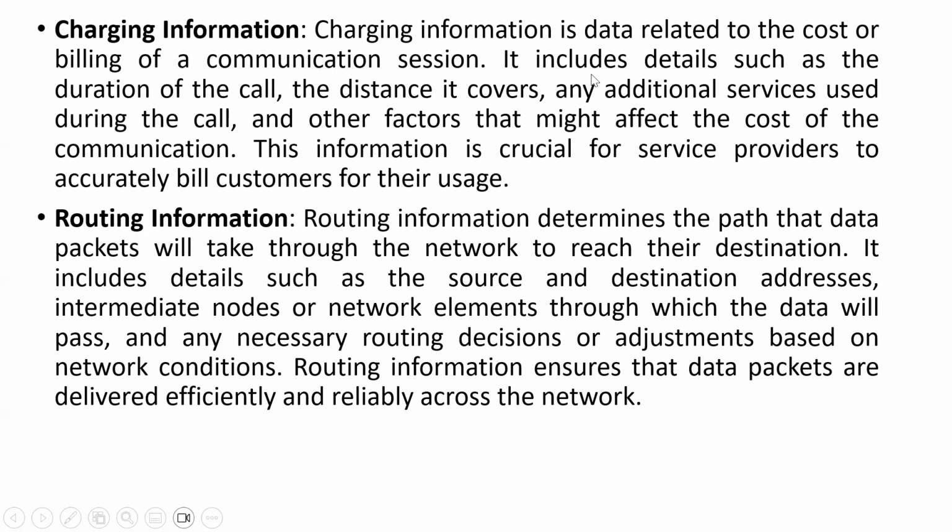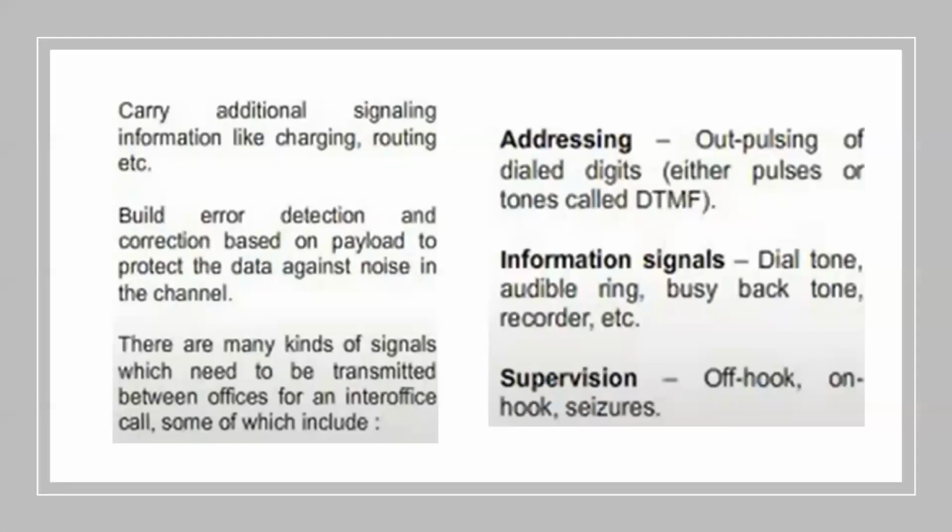It includes details such as the duration of the call, the distance it covers, any additional services used during the call, and other factors that might affect the cost. This information is crucial for service providers to accurately bill customers for their usage. So this is the charging information.